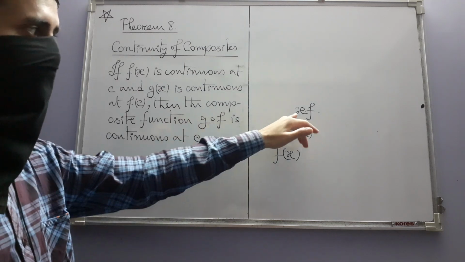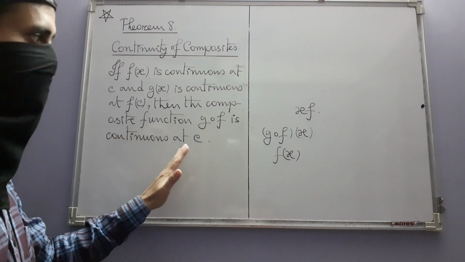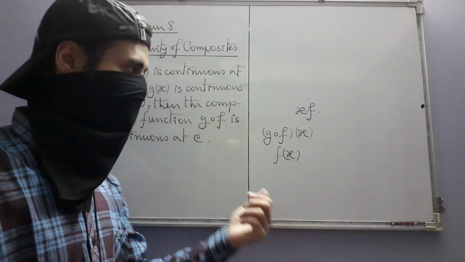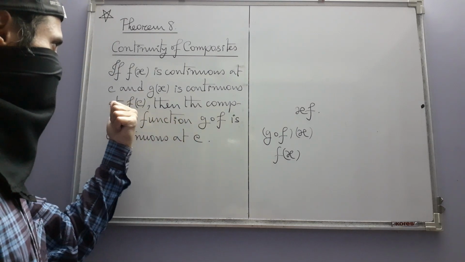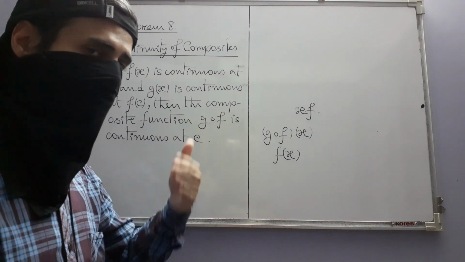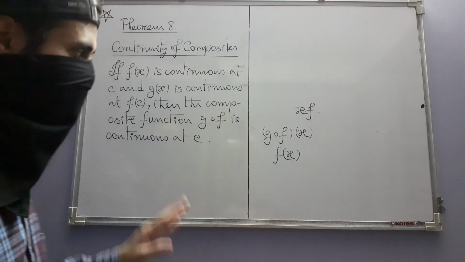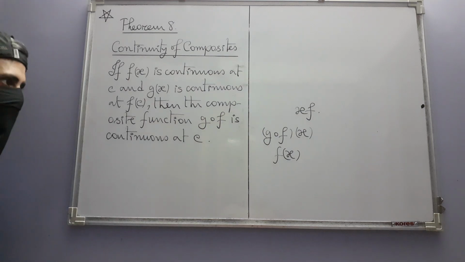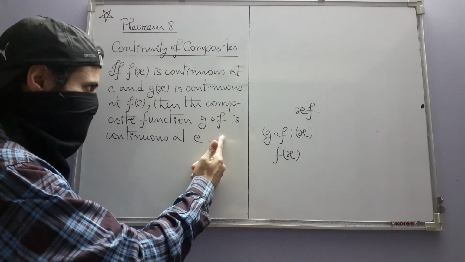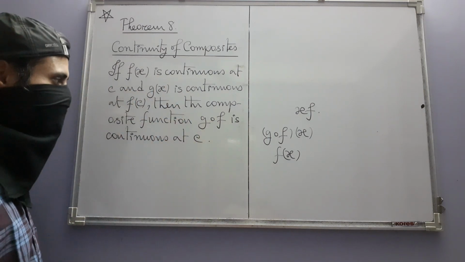There are other advantages to this notation also, but we have to keep in mind that because we are writing our inputs to the right of the function, whenever we take the composition of f and g, you change the order. Although it's f and g, it's not f circle g, but g circle f, because of this fact. But anyway, composition of two continuous functions like this is also continuous at this point.